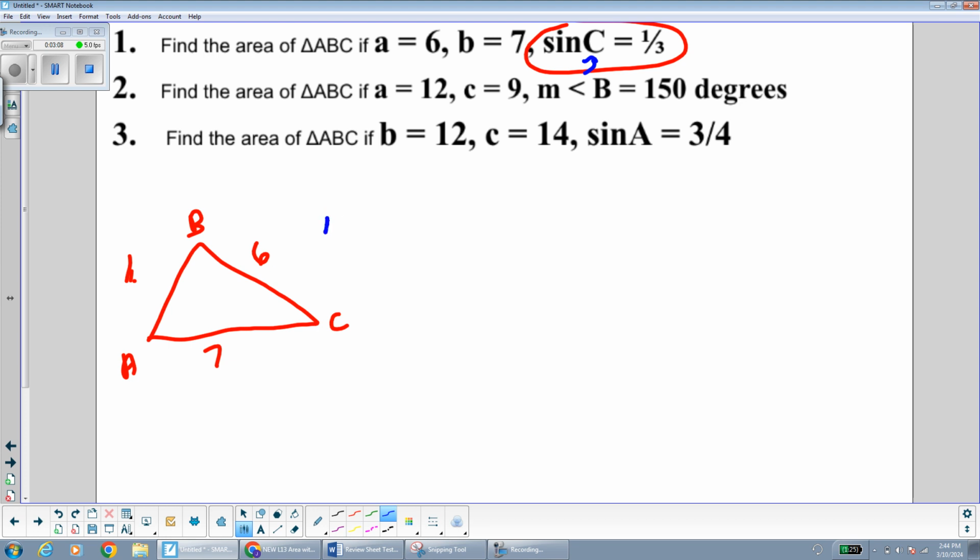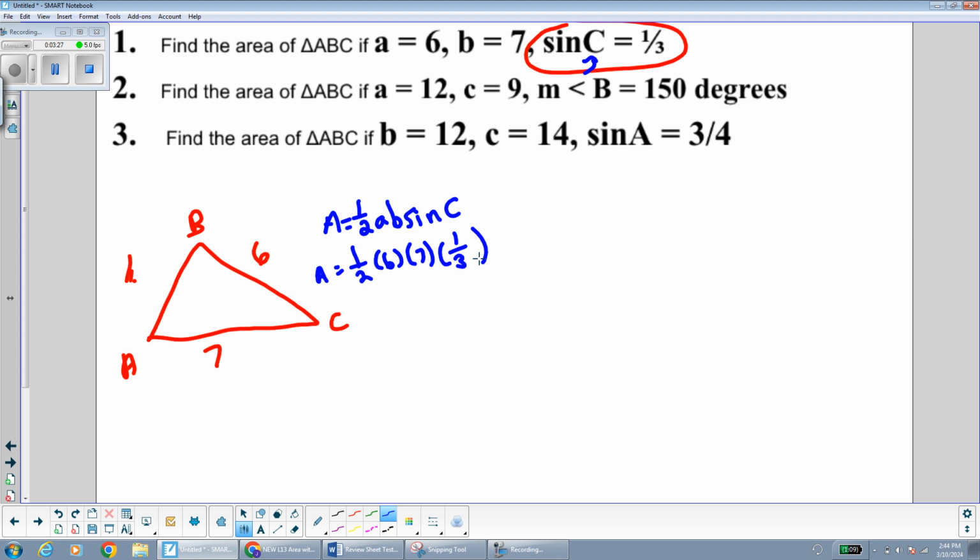So using our new area of a triangle formula, 1/2 AB sine of angle C, we have 1/2. The two sides next to each other are 6 and 7, and sine of angle C is 1/3.